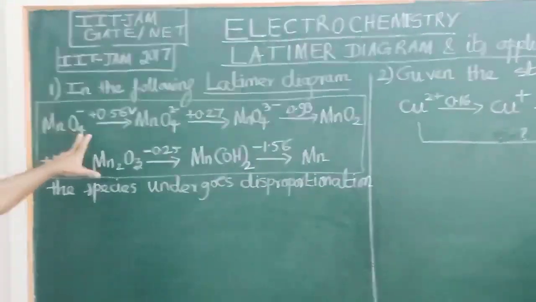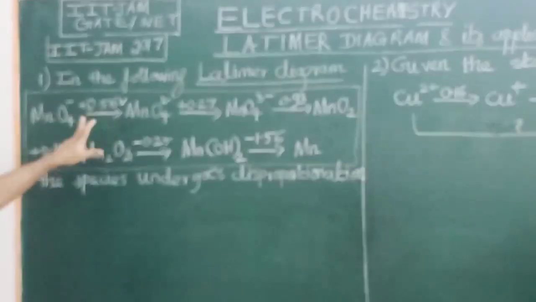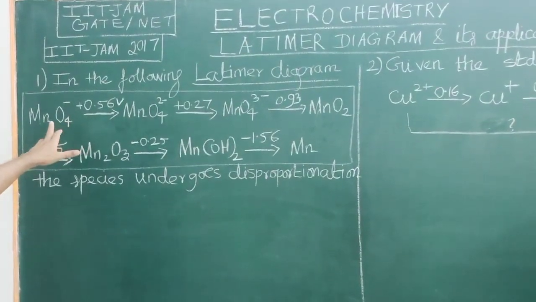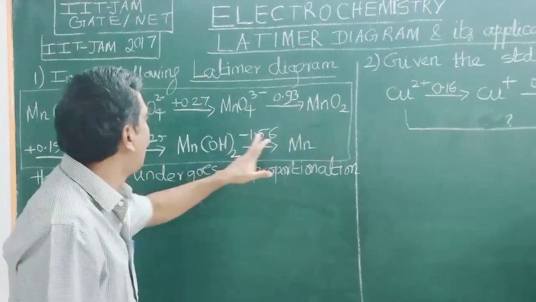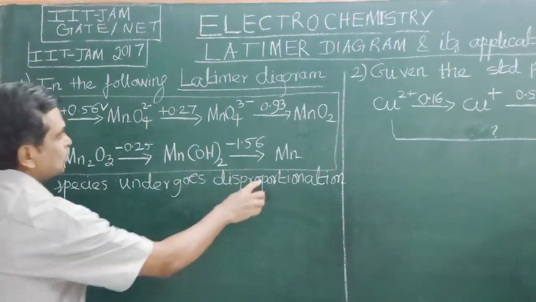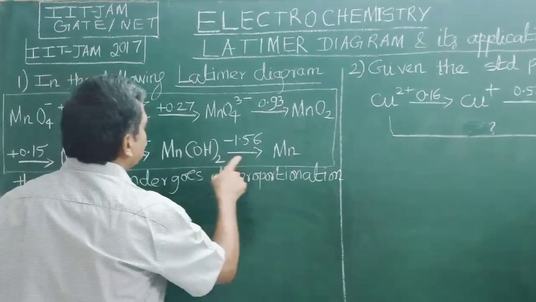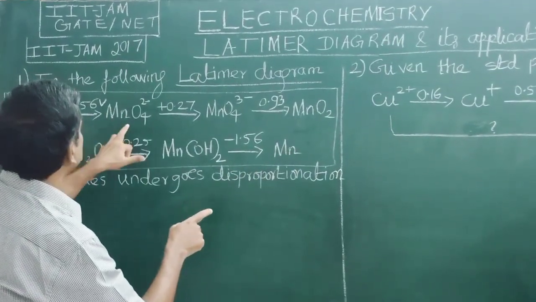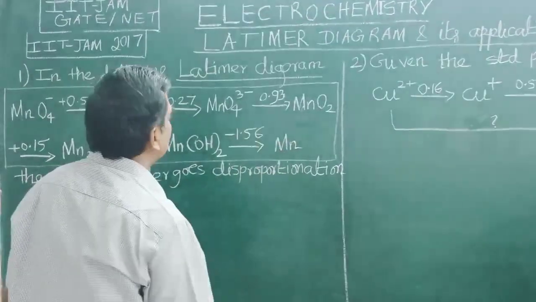For example, this is the Latimer diagram of the element manganese. The several oxidation states are arranged in decreasing order of oxidation number. For example, here +7, here 0. This is +7, +6, +5, +4 and so on.